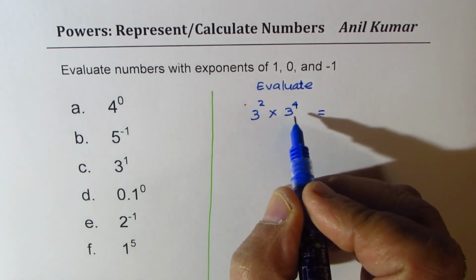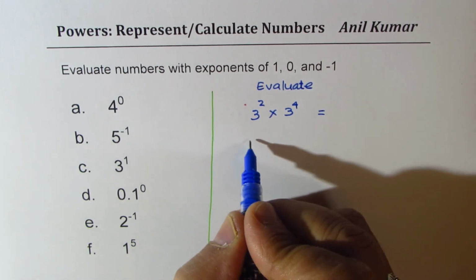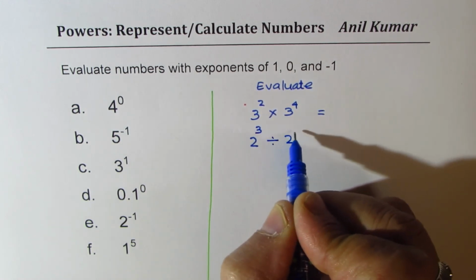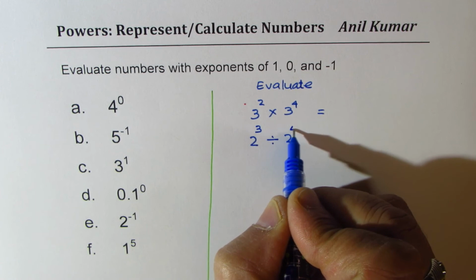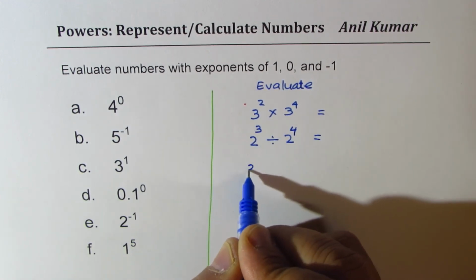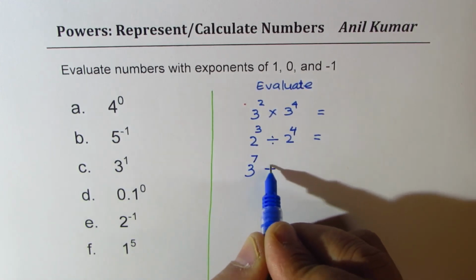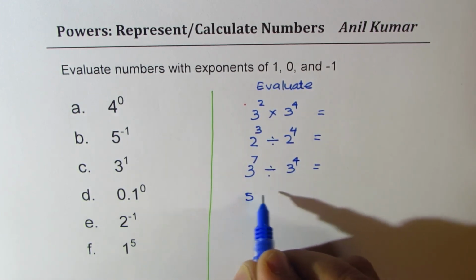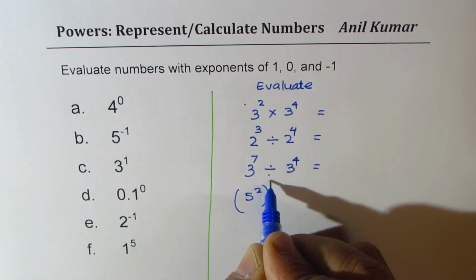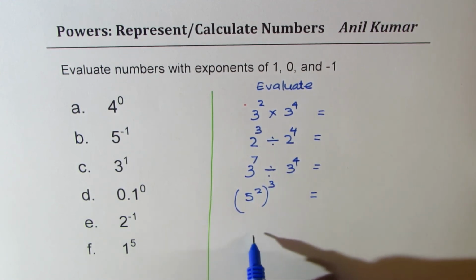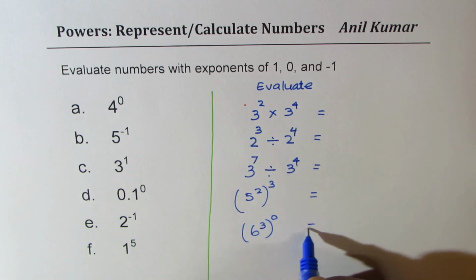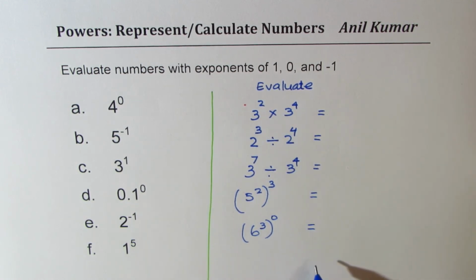You can use a calculator after simplifying them, right? 2 to the power of 3 divided by 2 to the power of 4 equals what? 3 to the power of 7 divided by 3 to the power of 4 equals what? 5 to the power of 2, to the power of 3 equals what? 6 to the power of 3, to the power of 0 equals what? Correct? So you can evaluate these terms and write down your answers.